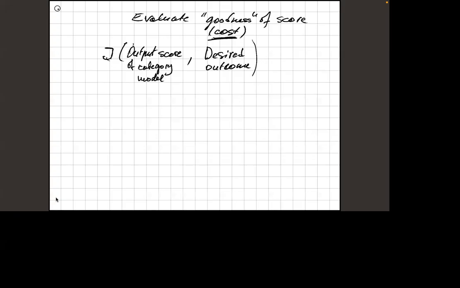And so a typical way of representing the desired outcome is to have a vector of categories. So at the end you have a vector of categories, C, which will contain labels C1 to C_N, or let's put it C classes, the number of classes.